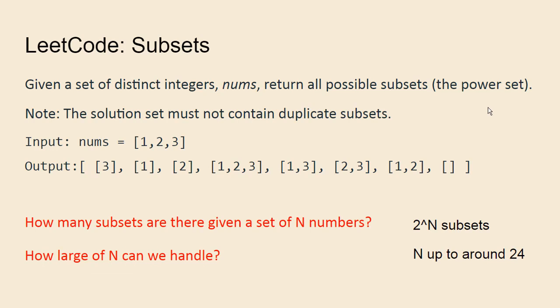Typically you will have n around 20, you could handle a little bit bigger, up to around 24. If it gets bigger than that, enumerating through all subsets may not be the right solution for a problem like that.